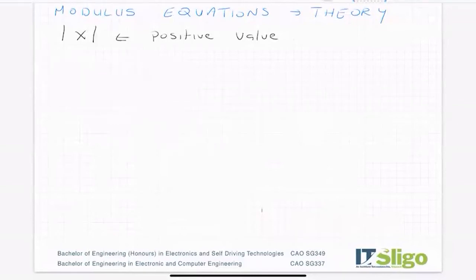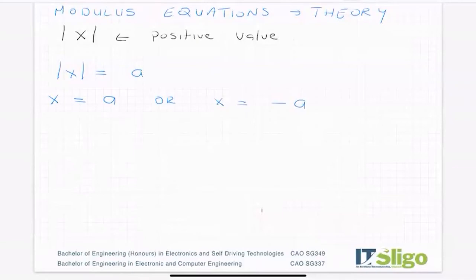Okay, there's some properties that are really handy when it comes to the modulus. So for example, if you have the modulus of x equal to a number a, okay, well then x, that number, is equal to a, or x can be equal to minus a.